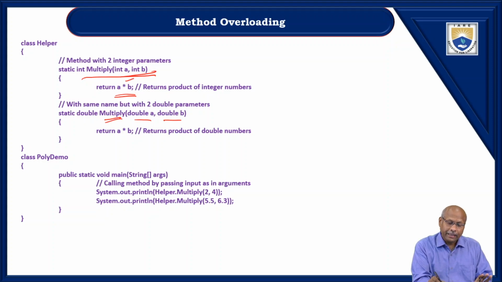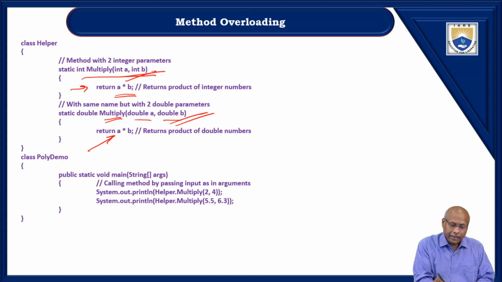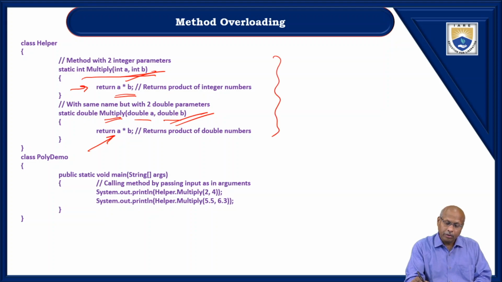Here two are integers, whereas here two are double. So here what you are returning? A and b, but these are integer type. When you come to the second one, here also you are returning a and b, but a and b are double type. So when the function names are same but parameters are different, this comes under method overloading.